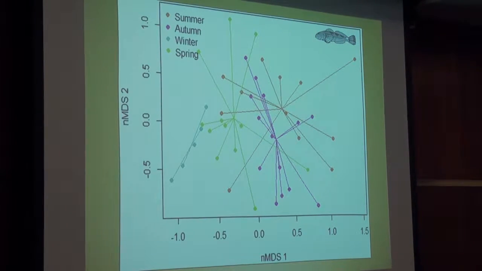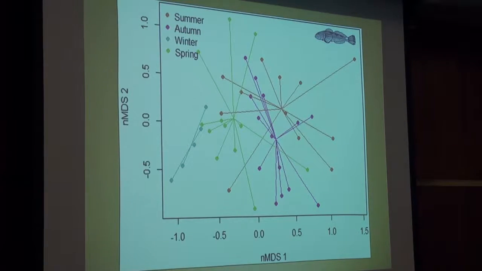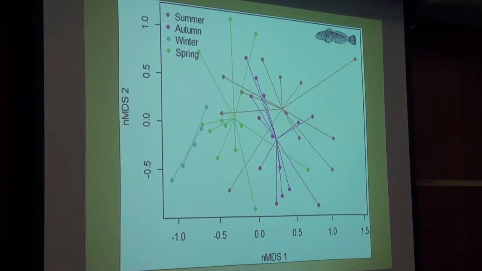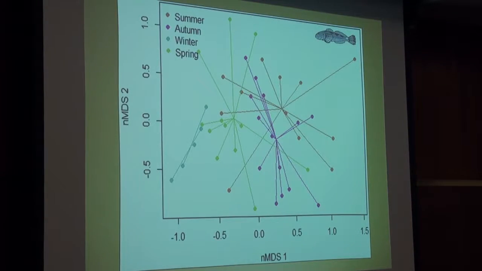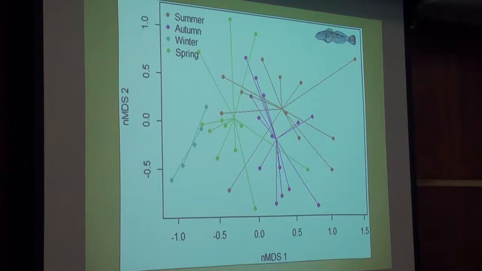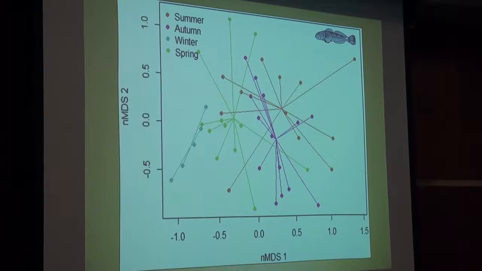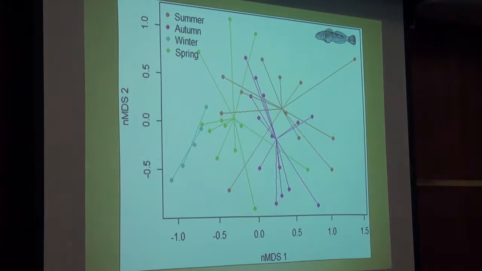Researchers can then look at those groupings to see whether they reflect known ecological gradients, such as latitude, time of year, temperature, or salinity. Here we see an NMDS plot with a really nice separation by season of sampling. So we have this lovely progression from winter through to spring, summer, and fall.